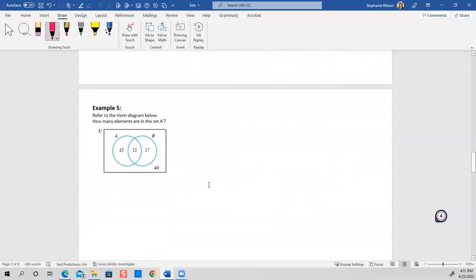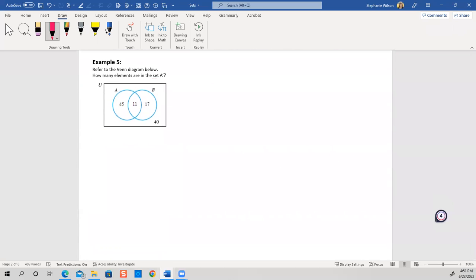Okay, so now let's do example 5. Example 5 says, refer to this Venn diagram and find how many elements are in the set A prime. All right, so we're still using the same numbers, but we're looking now for A prime. So I know the number of elements for A prime intersects B is 17.